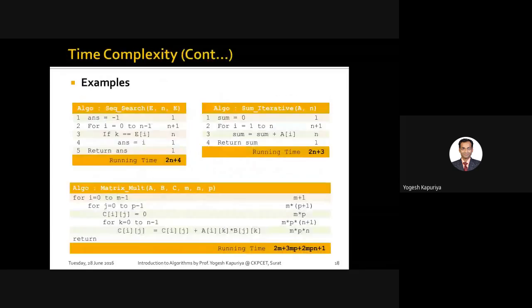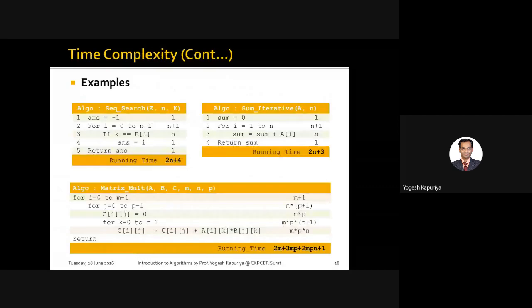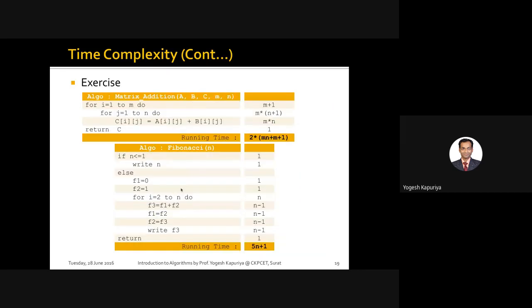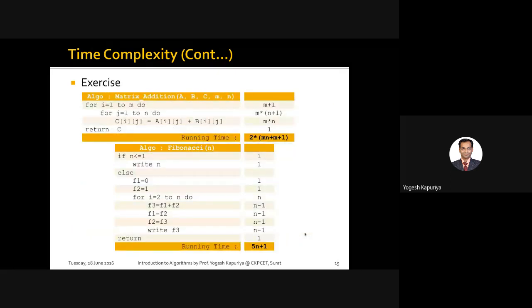But if there were, the step count would be a constant function. If you have a single for loop inside an algorithm, then the step count will be a linear function. If you have a nested for loop, then the step count will be a quadratic function. If you have a double nested for loop, then the step count will be a cubic function. So it all depends on how many times you are running.